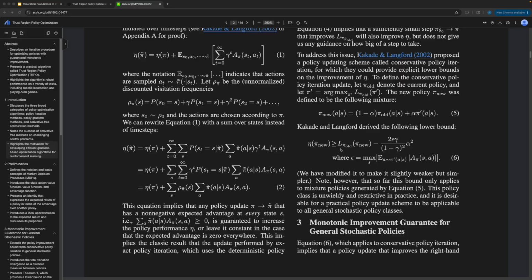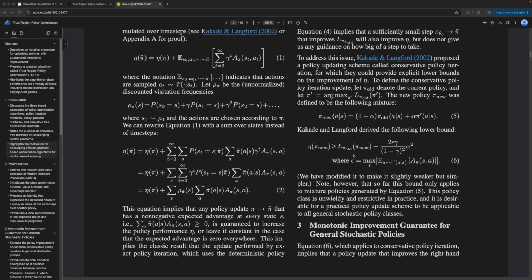That is the surrogate when you're trying to improve from π_old to π_new, which means that improving L_π_old(π_new) is a good way of approximating η(π_new) if your alpha and epsilon are small.